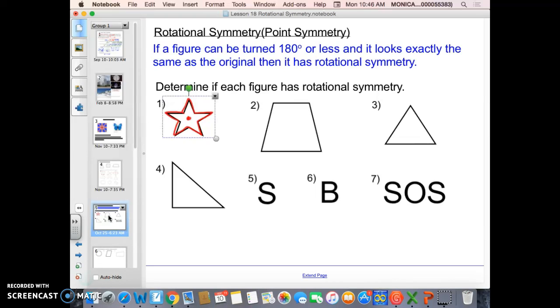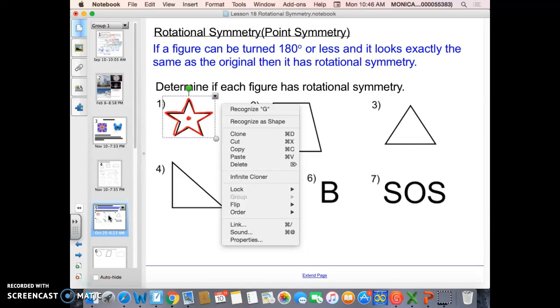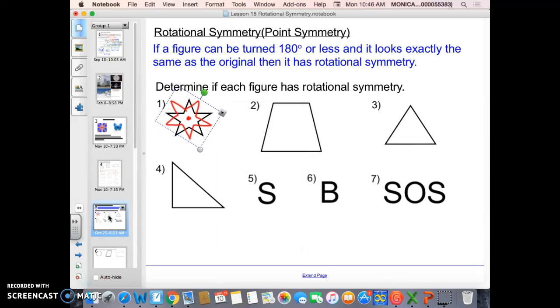Then, if this works, I should be able to rotate it like this, and it should land on itself every time. So how many times can I rotate it and it lands on itself? Again, I'd have to slide it a little bit, but it should land on itself every time.